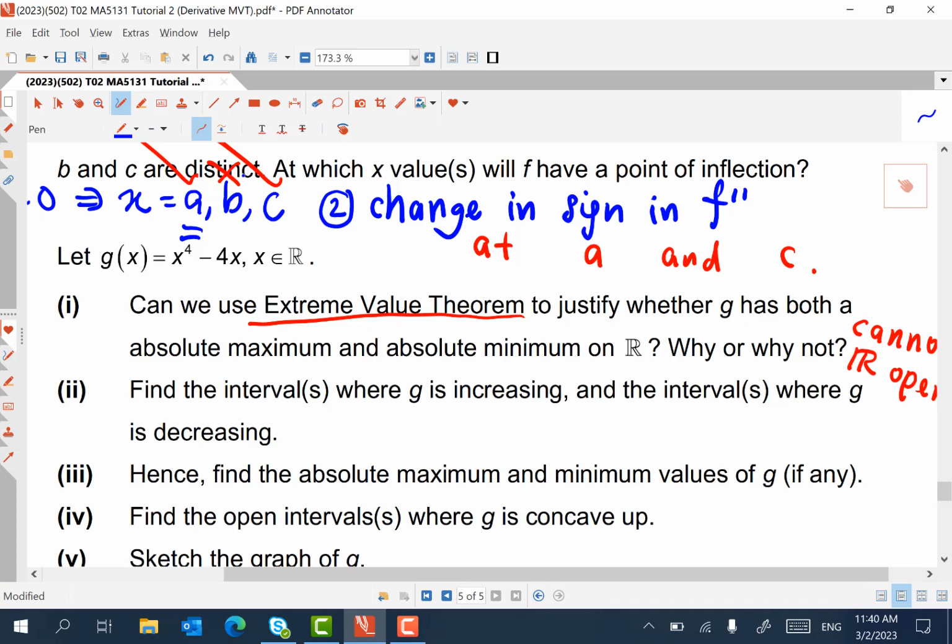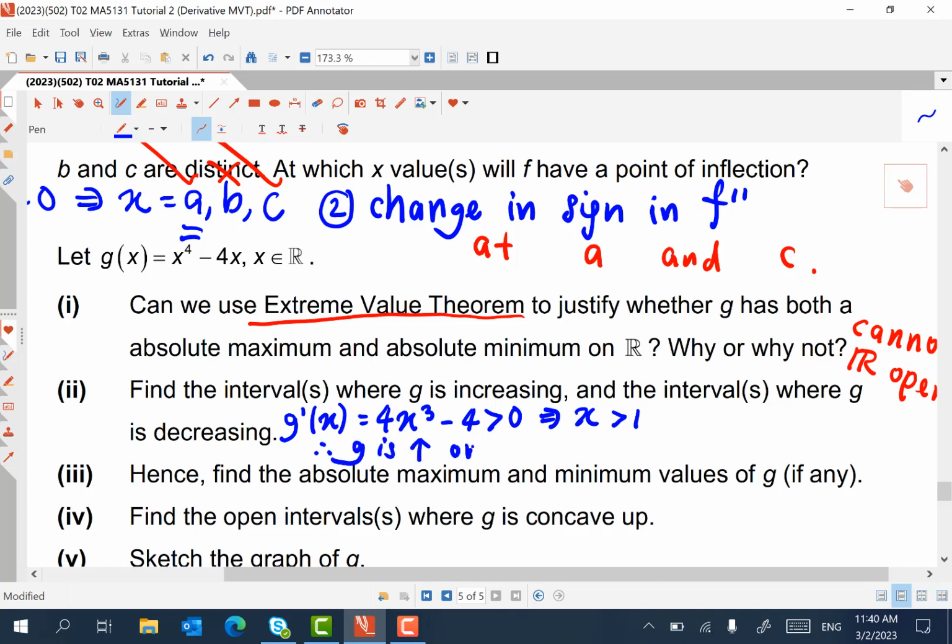How do you look for interval where G is increasing? What do you do? Right, you do G prime, and what do you do about G prime? You want it to be positive, and then this gives you x. So therefore, G is increasing.